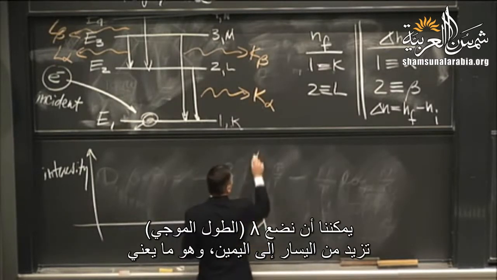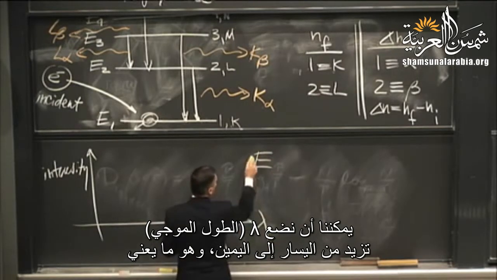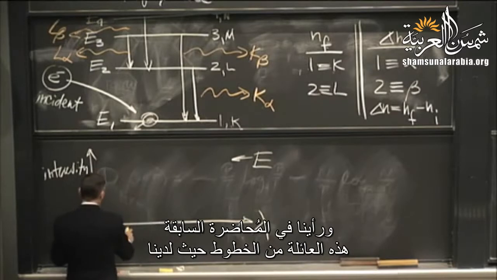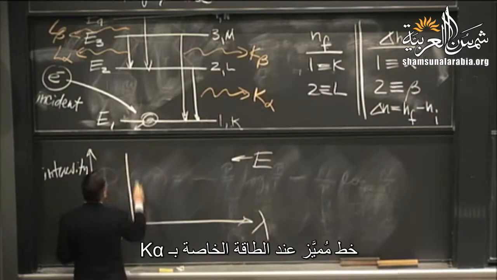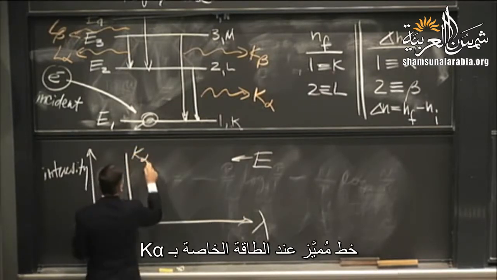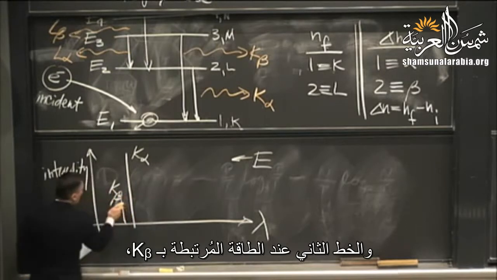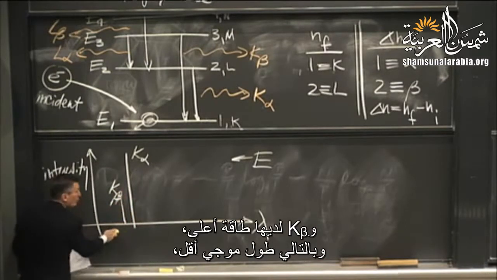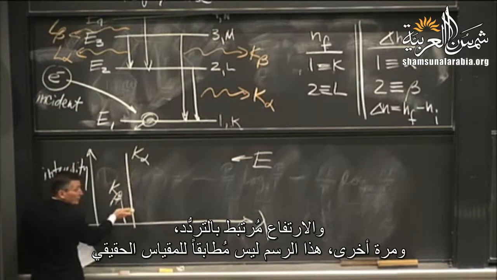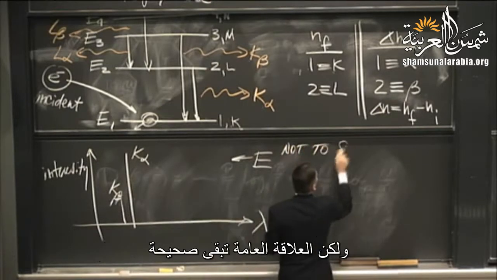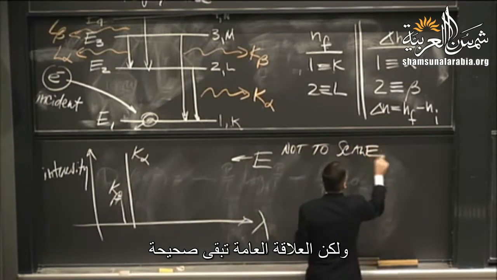We can put lambda increasing from left to right, which means energy increases from right to left. And we saw that we'd have this family of lines, where we'd have a discrete line at the energy of K alpha and a second line at the energy associated with K beta. And K beta has a higher energy, therefore a lower wavelength, and the relative heights related to the relative frequency. Again, not to scale, but still the general relationship is correct.